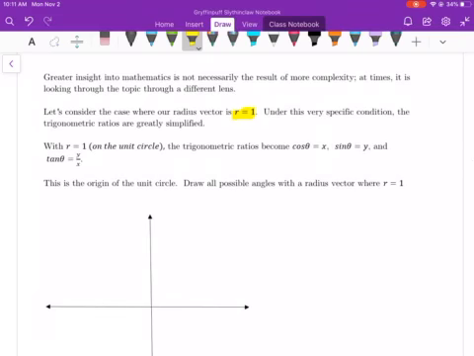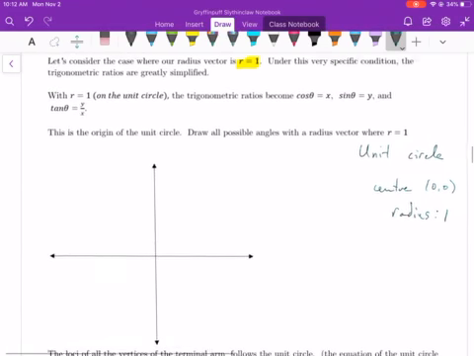So what is the unit circle? Often people use this in the wrong context. The unit circle simply is a circle with center at (0, 0) and a radius that is equal to 1 unit.